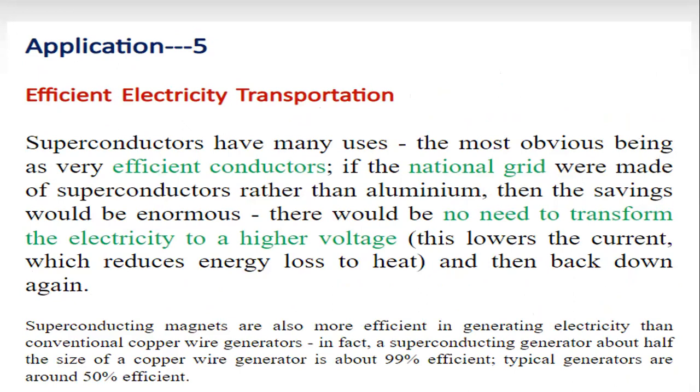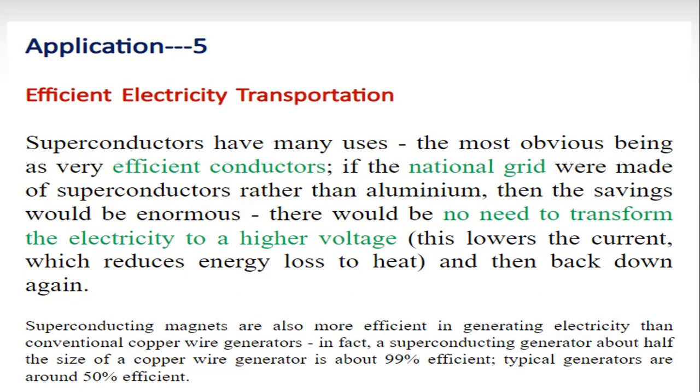And this is also very important: efficient electricity transportation. Superconductors have many uses. They are obviously very highly efficient conductors. So instead of using aluminum, which is costly, there will be enormous savings in cost. Cost cutting will be there. Here you will find that there will be no loss of energy in the form of heat.